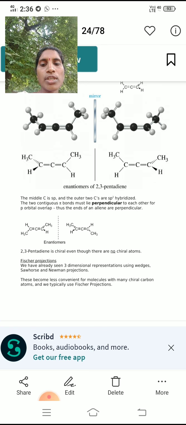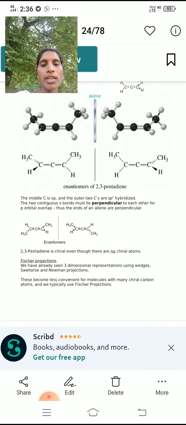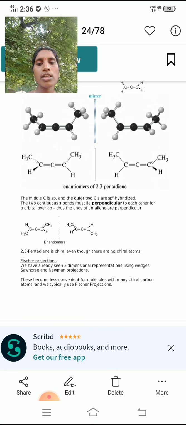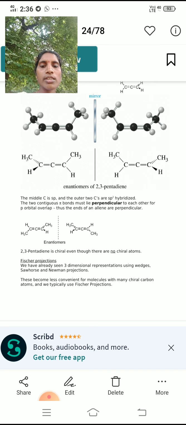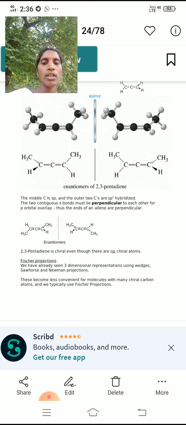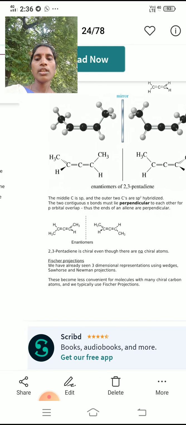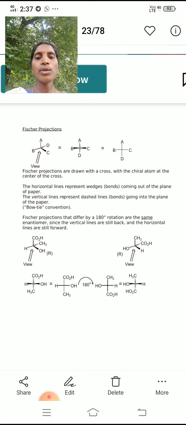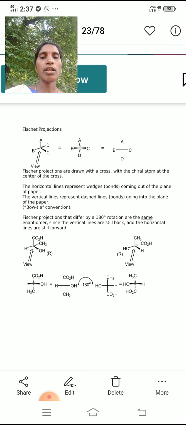Next, Fischer projections. We have already seen three-dimensional representations using wedges, sawhorse, and Newman projections. These become less convenient for molecules with many chiral carbon atoms, and we typically use Fischer projections. Fischer projections are drawn as a cross with the chiral atom at the center.